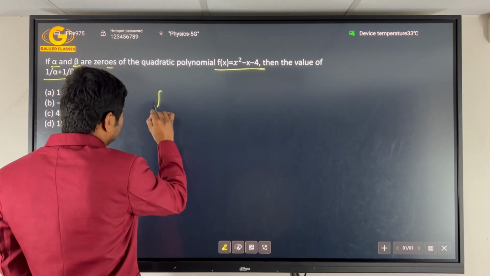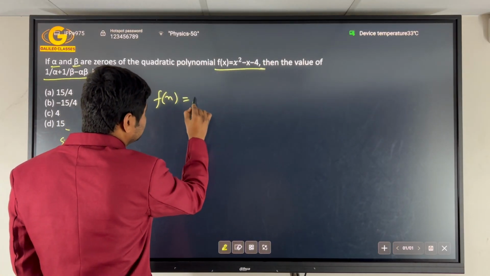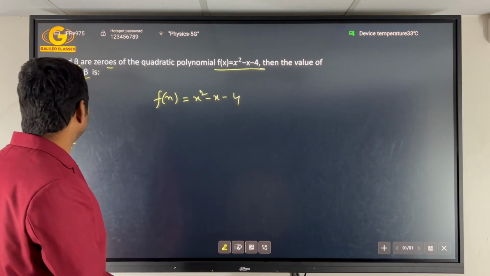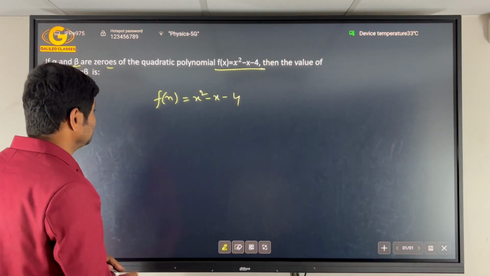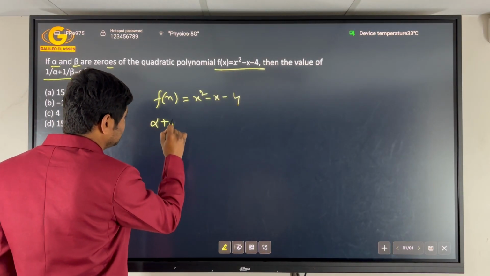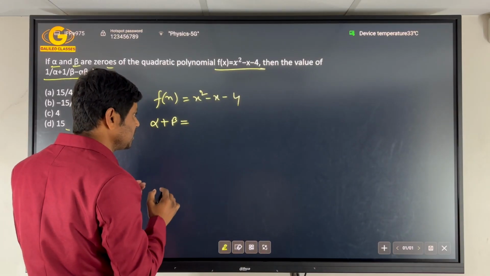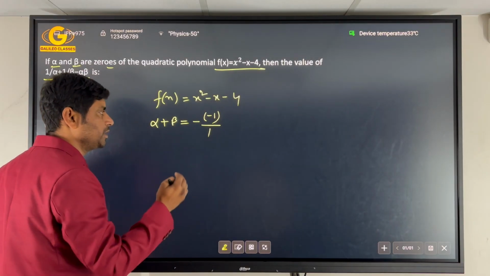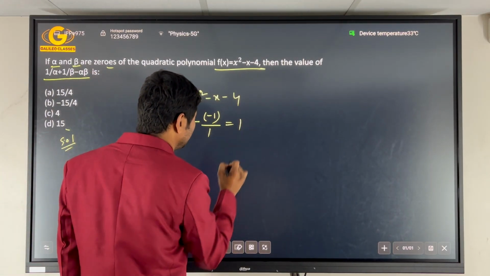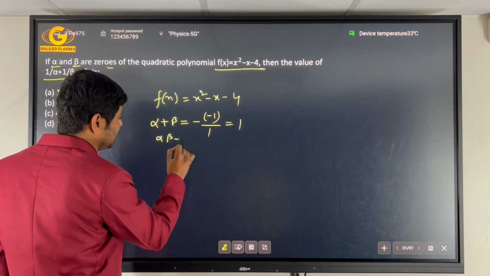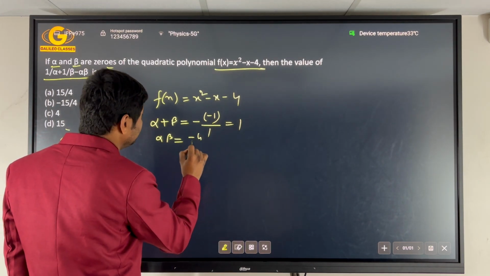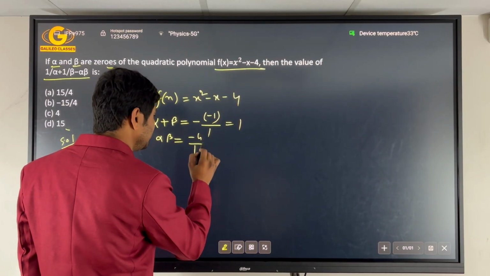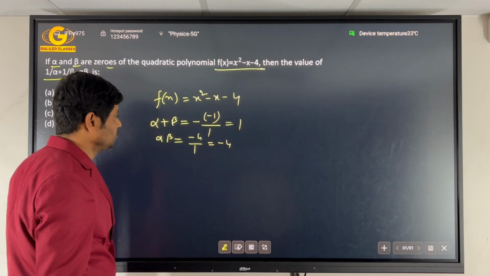So now writing f of x is equal to x square minus x minus 4. Since alpha and beta are the zeros of the polynomial, therefore sum of the zeros is equal to minus coefficient of x by coefficient of x square, means minus b by a is equal to 1, and product of the roots is equal to c by a, constant by coefficient of x square, that is equal to minus 4.